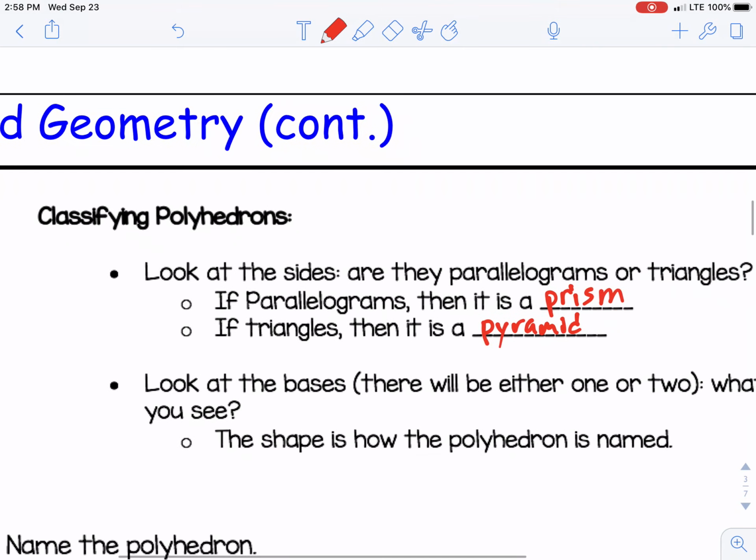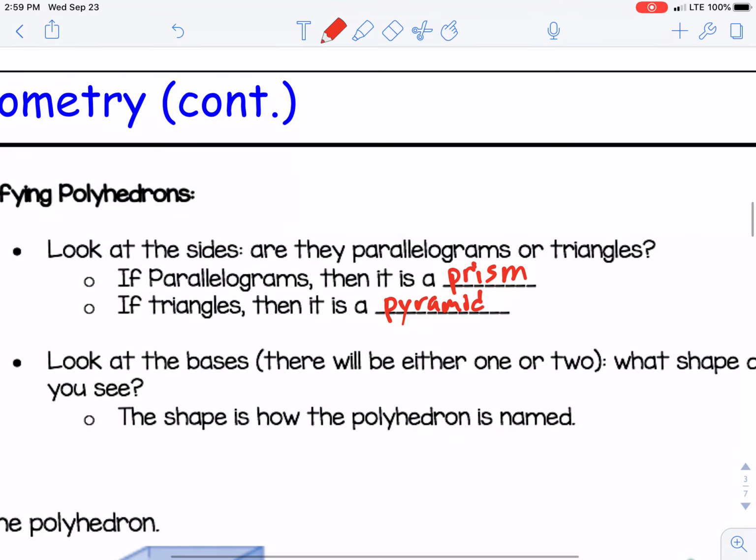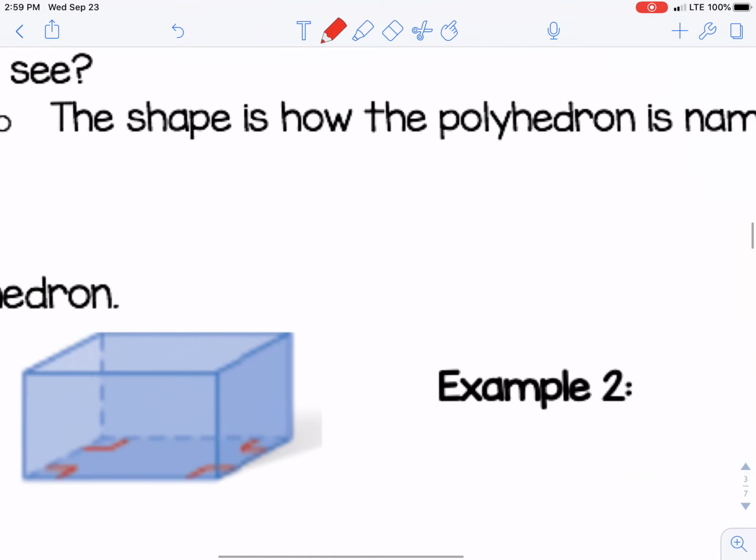It depends on how many circles there are, okay? Look at the bases. If there's either one or two, what shapes do you see? The shape is how we name it. Okay, we'll talk about prisms. We might have a triangular prism, a rectangular prism, a pentagonal prism, right? And that name is based off of the base, right? So let's take this shape here.